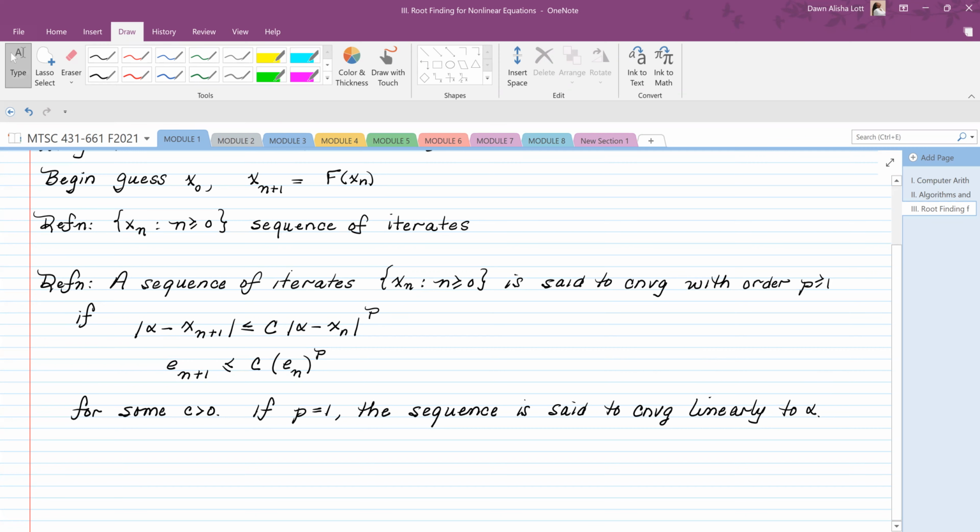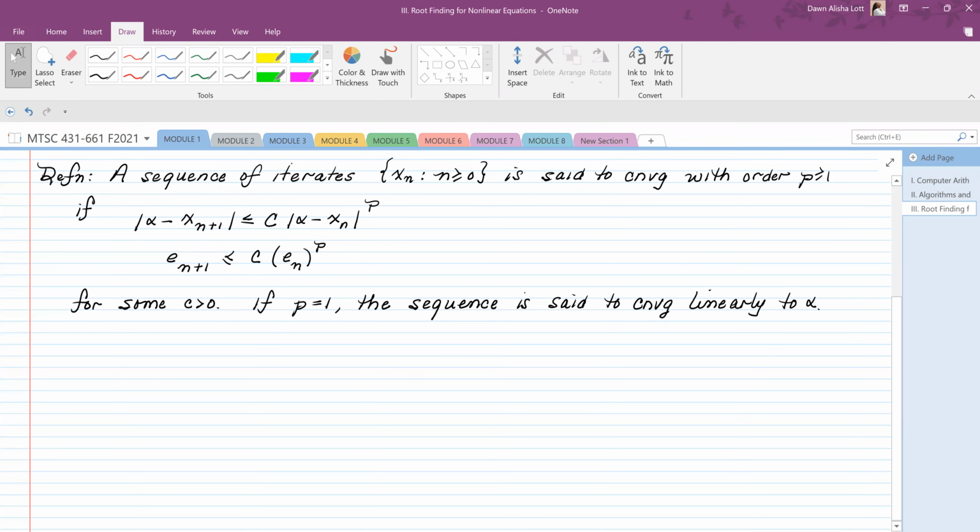Okay. So that is the absolute value of alpha minus xn plus 1 is less than c times the absolute value of alpha minus xn, all right? Or just that en plus 1 is less than or equal to c times en. And in this case, we require c to be less than 1.